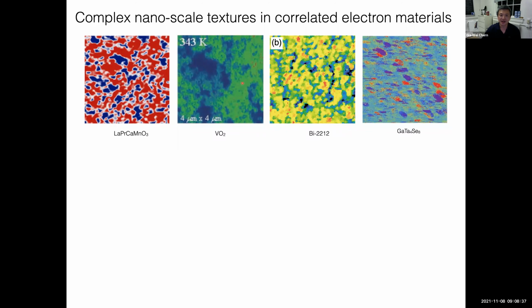The second one shows the inhomogeneous state of the canonical Mott insulator VO2 during the Mott metal-insulator transition. And the third panel shows the inhomogeneous superconducting pairing amplitudes in this Bi2212 cuprate superconductor. And the last one is the inhomogeneous state of another Mott insulator during resistive transition.